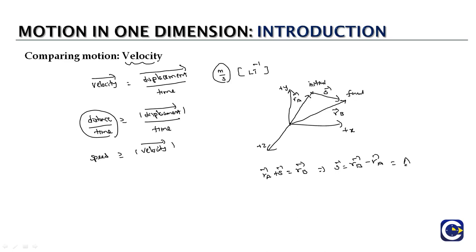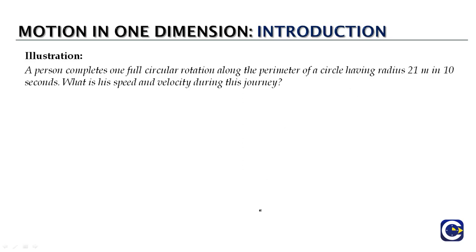This is also represented as delta R bar, the change in the position vector, which means final position vector minus initial position vector. So this will be the displacement. So velocity, which is shown as V bar, is also represented as the change in the position vector divided by the time taken. Time taken, either we represent it by T or we can even indicate this with delta T. So this is about the idea of speed and velocity.